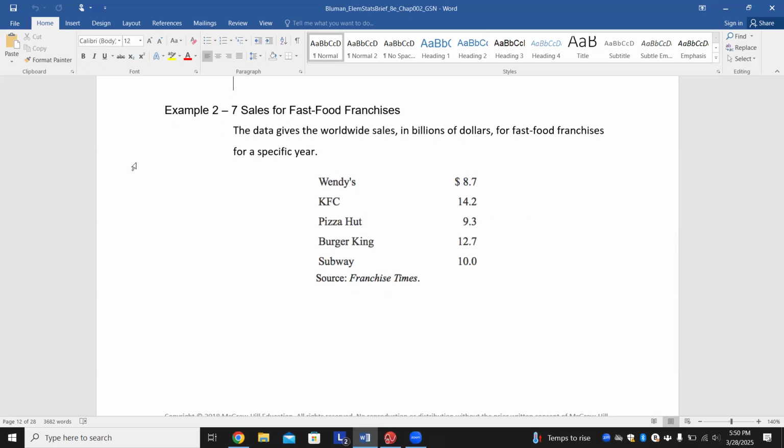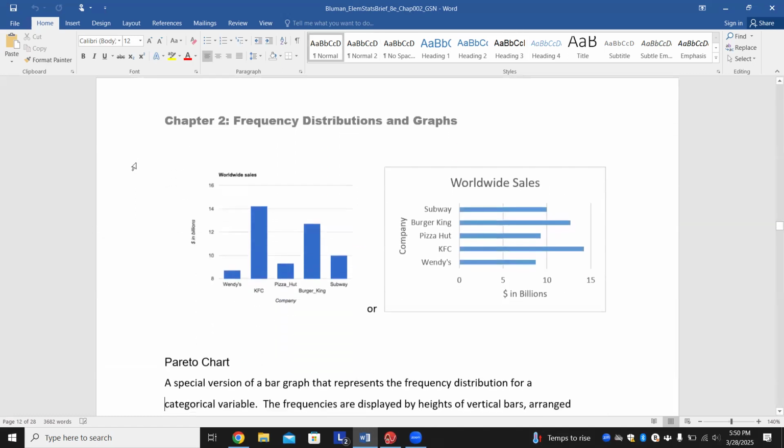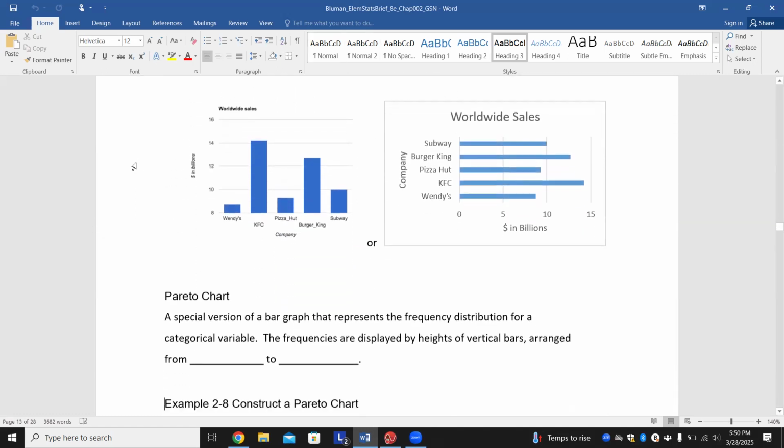So if you are wanting to make a bar chart, either horizontal or vertical, you would have them as such. Again, you can see that the X and Y axis is labeled, so you can see the companies, which is what we're looking at, and the billions of dollars, which happens to be our frequency in this situation.